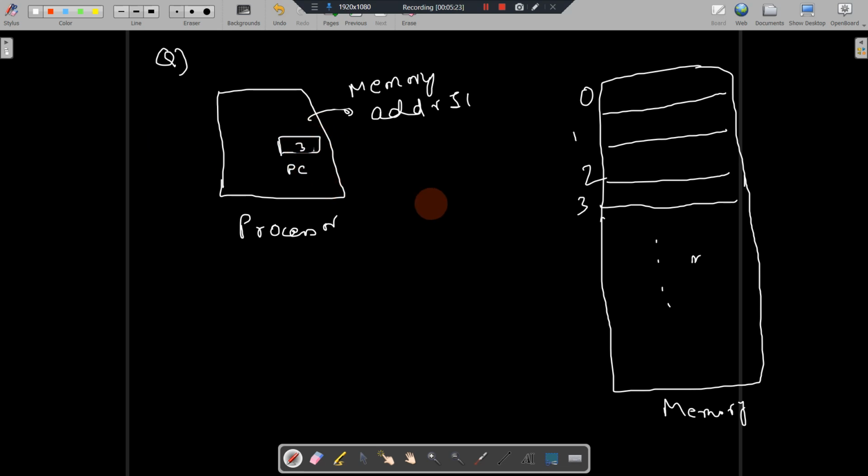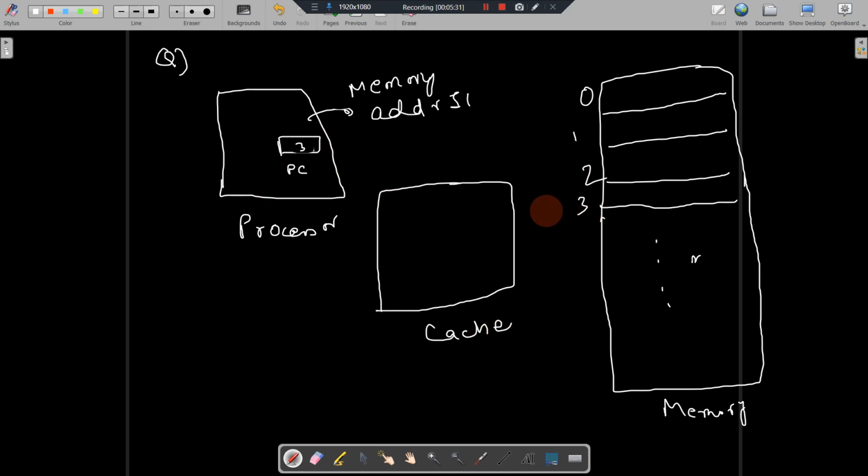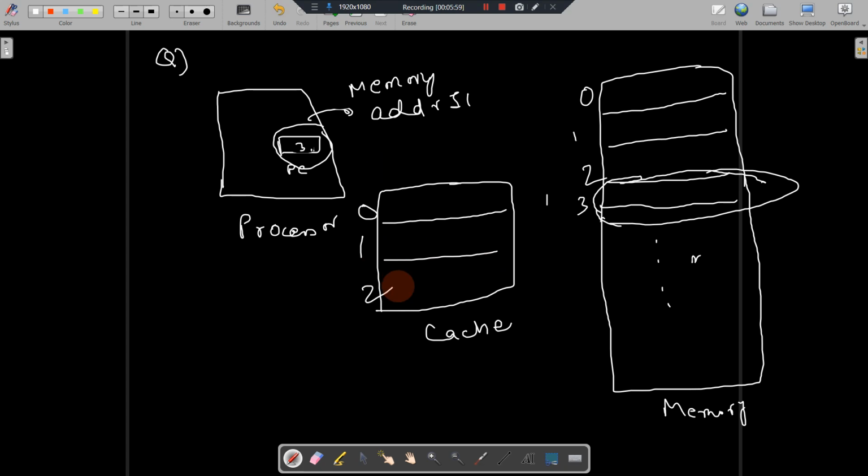Now this is your cache memory, in between the processor and the main memory. You have generated an address of the main memory, 3, but we know only this CPU-generated address. How do we know which address in the cache it maps to? The cache will have some addresses, 0, 1, 2, these are the indices in our cache memory.